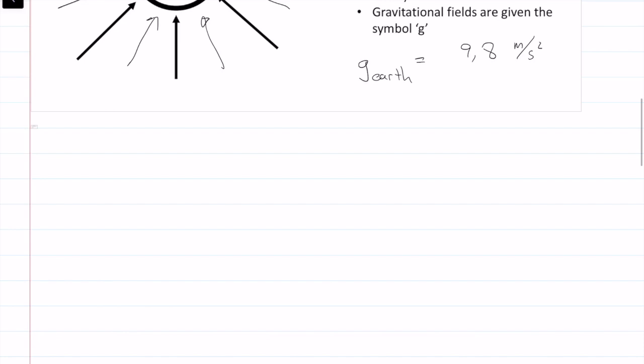Okay, so let's go into the idea of interacting gravitational fields. We know that gravitational fields are always directed towards the object.